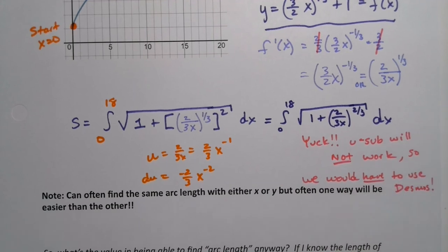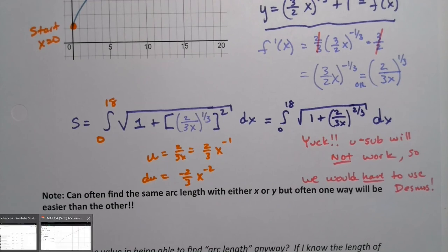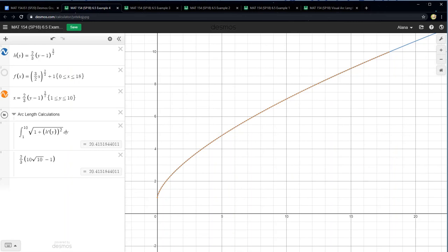Let's go try it. So just to prove that this would work out. All right, so I have it right here that x is equal to 2/3 y minus 1, all to the 3/2. And I have f of x is equal to right here, 3/2 x to the 2/3 plus 1, right? Okay, so according to me, these integrals should work out.